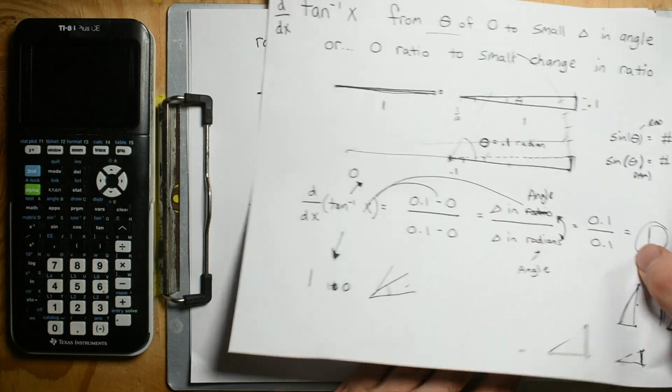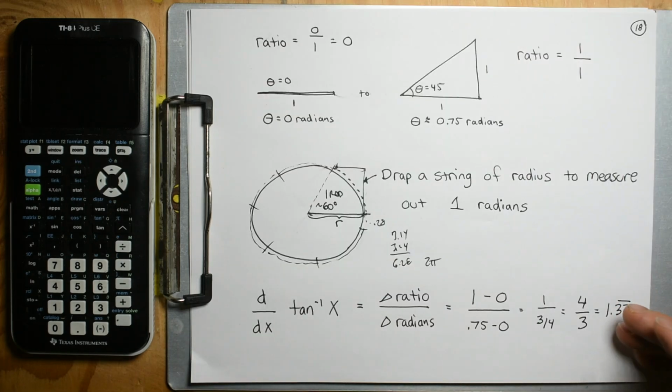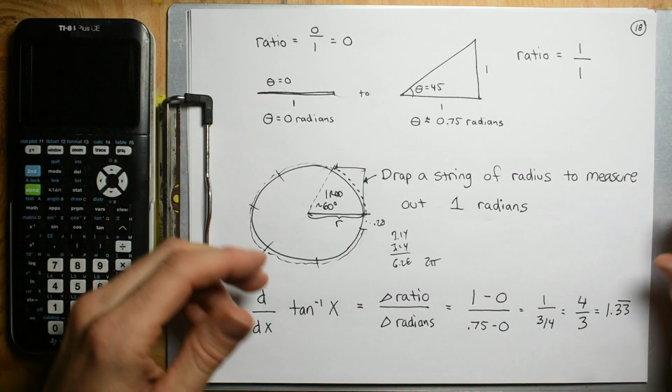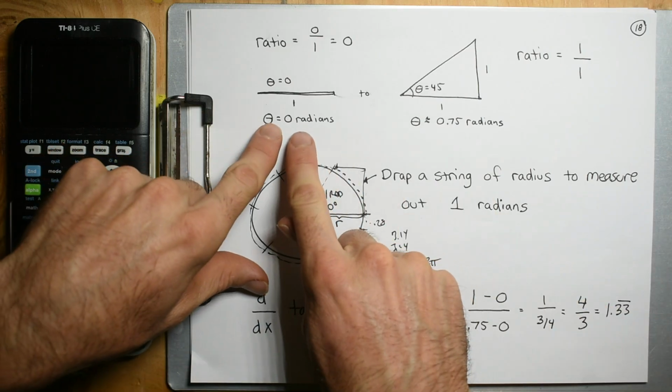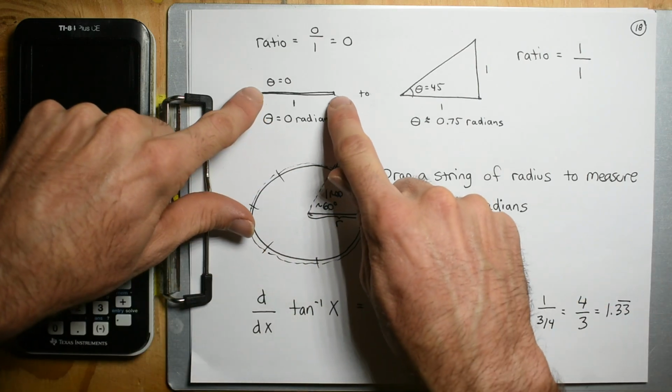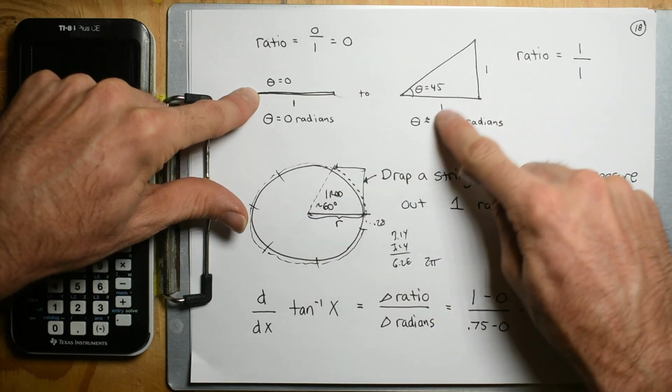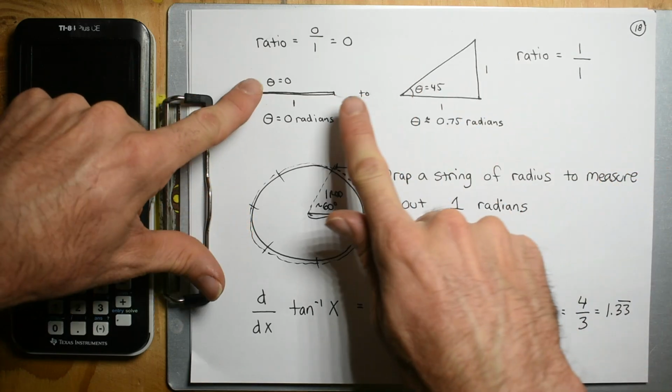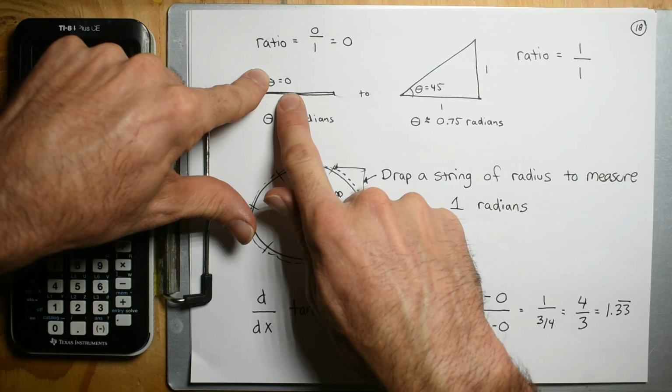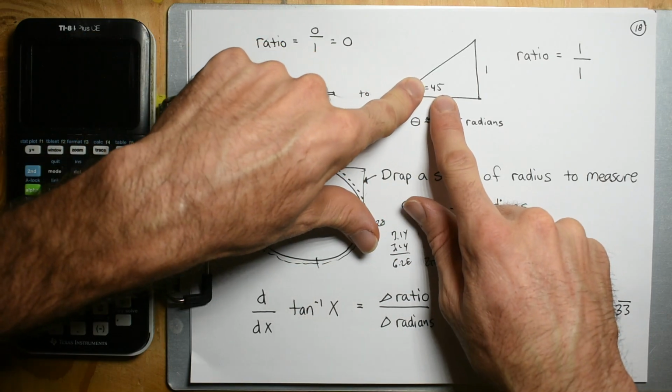Alright, let's do this before my battery dies. So we figured out what radians are. We're going to do another one. We're going to go from a ratio of 0 to a ratio of 1. This is going to start with an angle of 0 and get to an angle of 45 degrees.